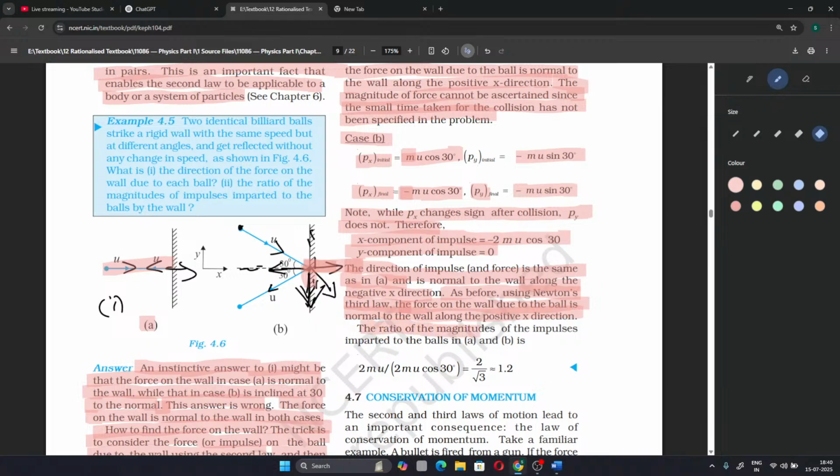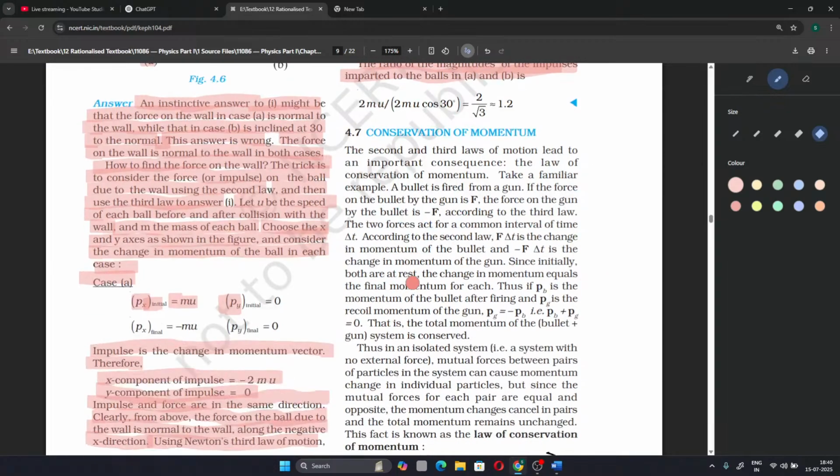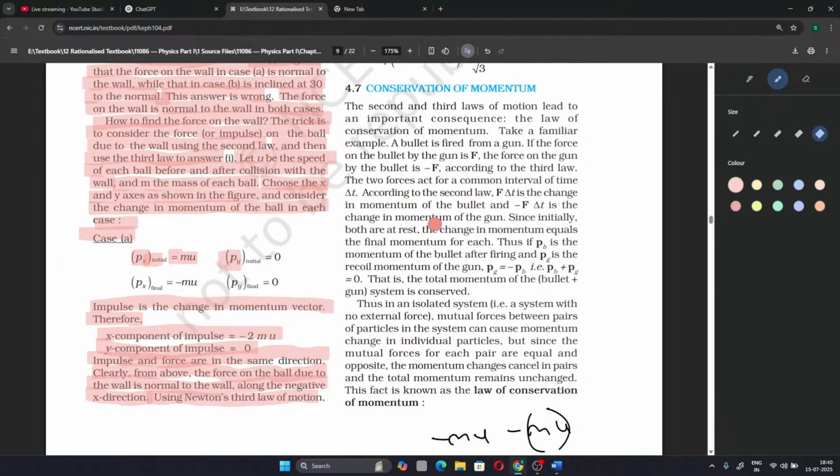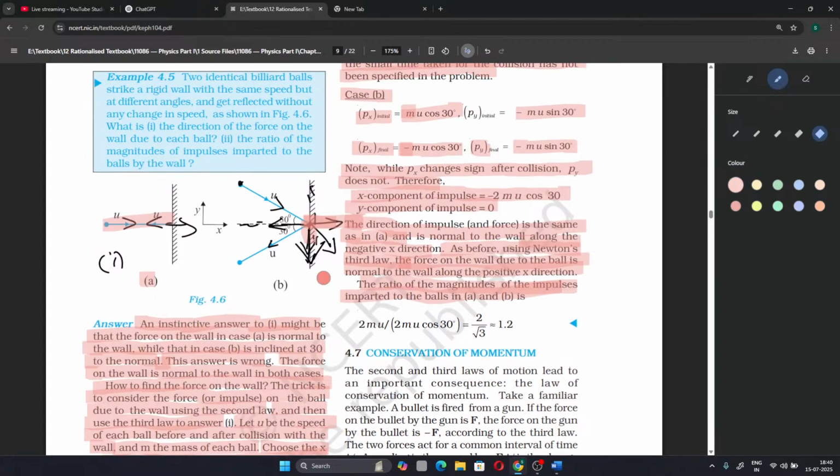The ratio of magnitudes of the impulse imparted on the ball. In the first case here, the impulse came to be, with cos 0 equal to 1, minus 2 m u.